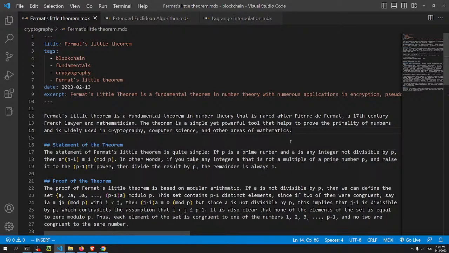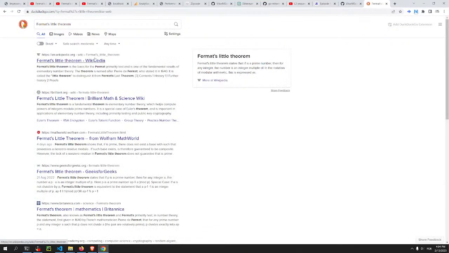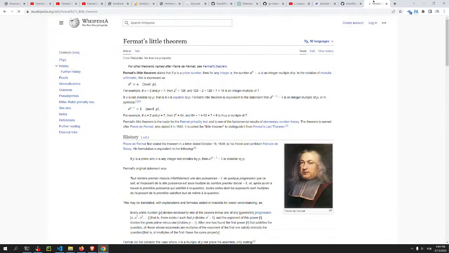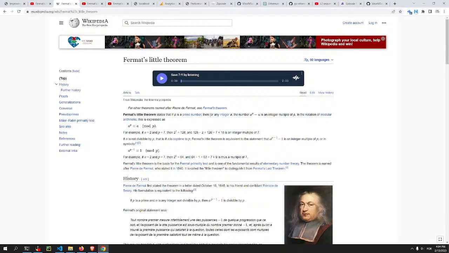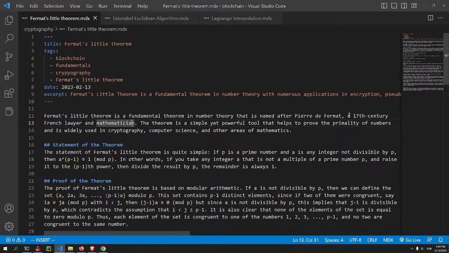Fermat's little theorem is a fundamental theorem in number theory that is named after Pierre de Fermat. Not sure how to just say this. French lawyer and mathematician. Let's check on Wikipedia. Pierre de Fermat, French lawyer and mathematician.